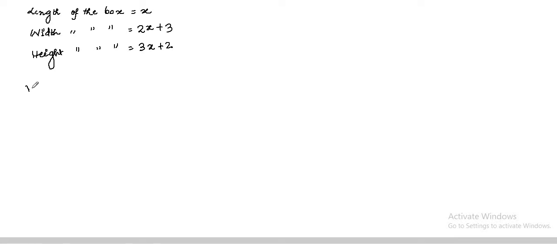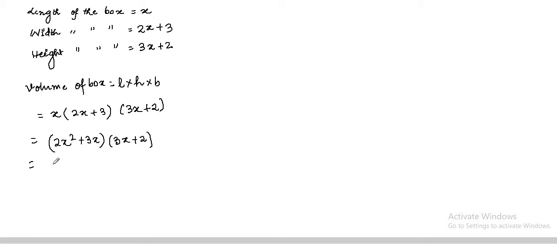We are asked to find the volume of the box. This takes the shape of a cuboid, so it will be length into height into breadth. Multiply x into 2x plus 3 into 3x plus 2. This gives you 6x cube plus 4x square plus 9x square plus 6x.